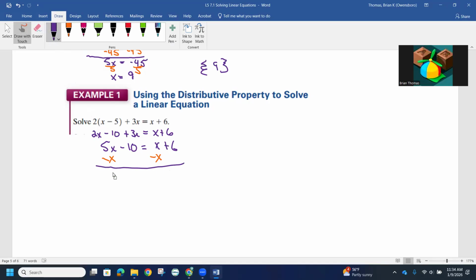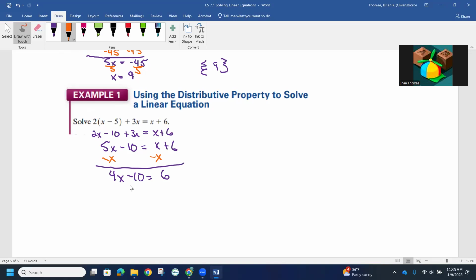So if I have 5x and I lose an x, that's going to be 4x. The minus 10 comes down, and then an x and a negative x gives me a 6. From here, we're going to try to isolate the 4x, get the variable on just one side by itself. So the negative 10 has to go to the other side of the equation, to the opposite side of where the variable is.